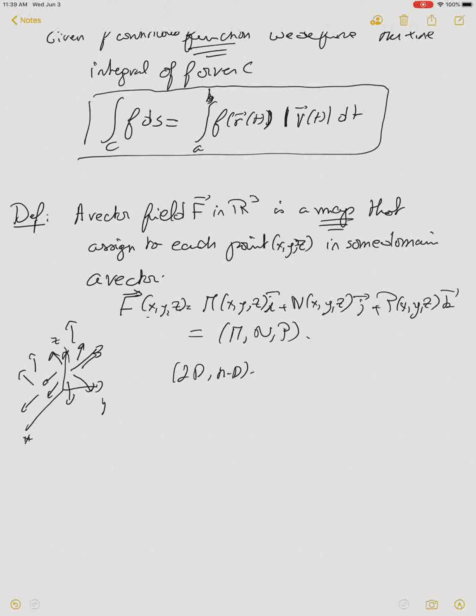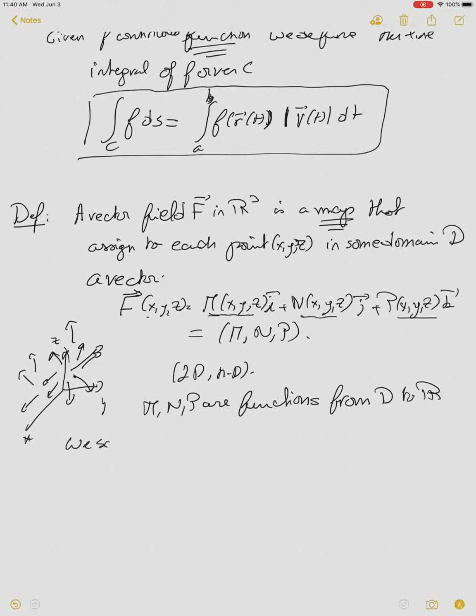Now, what are M, N, and P? M, N, and P are the x, y, and z coordinates of the vector. So if this is my vector, it has an x, it has a y, it has a z. So M, N, and P here are functions. If I want to call the domain D, they are functions from D to R. This is a value here, and the whole thing is a vector.